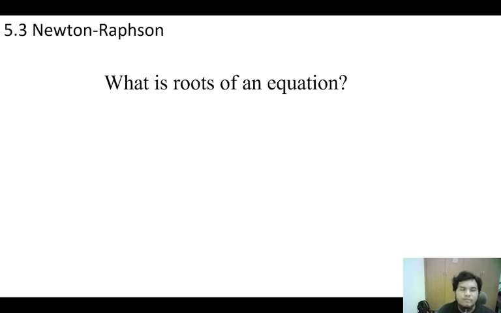Before we start, what are the roots of an equation? You actually learned this in your high school Form 4. Roots are the x values when y is equal to 0.